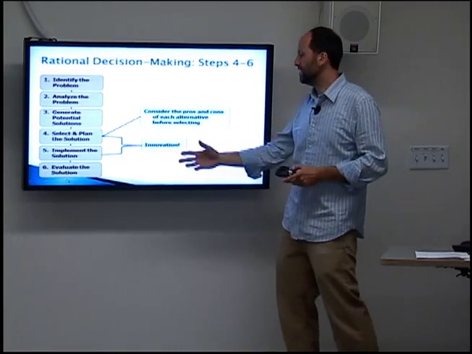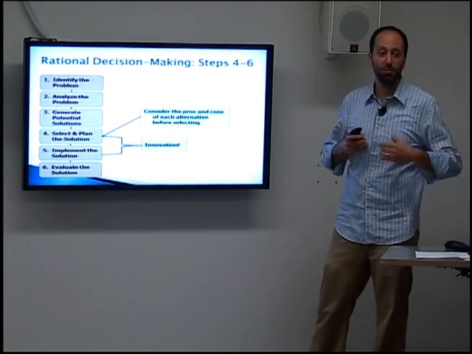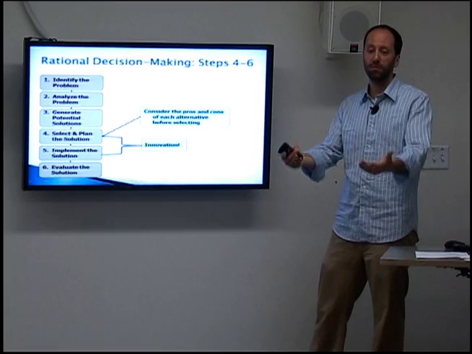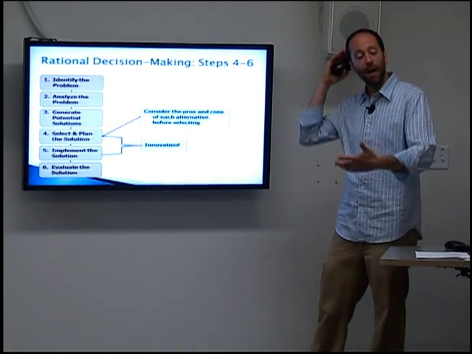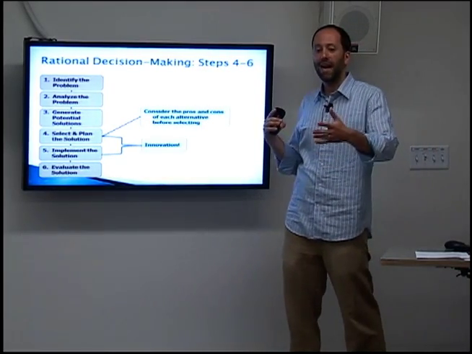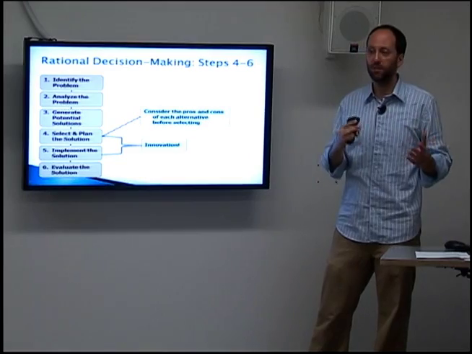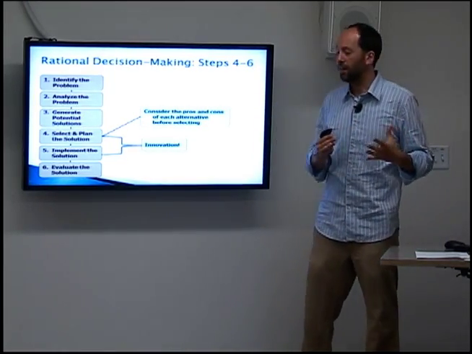And then finally, the last step, the evaluation of the solution, is don't just stop there. Once you put an idea into action, once you have implemented it, part of your decision-making process, another way to enhance optimization, is to make sure that things are going according to plan. Have things changed, has the situation changed, where you need to revisit or tweak or adjust the decision that you made?